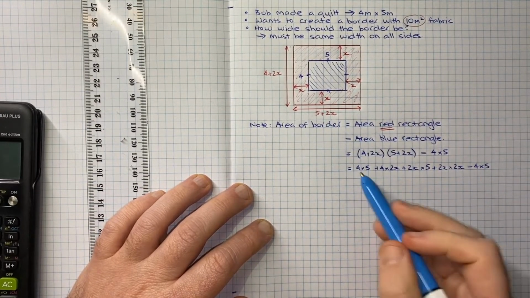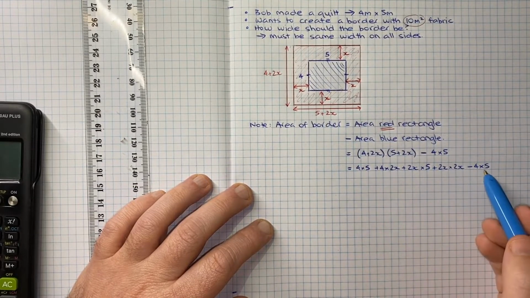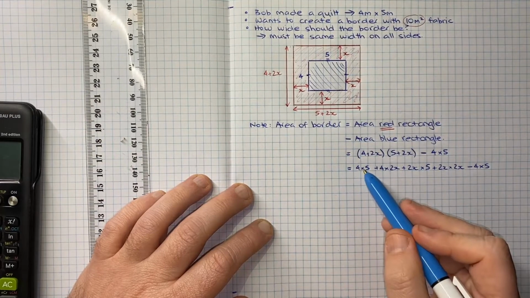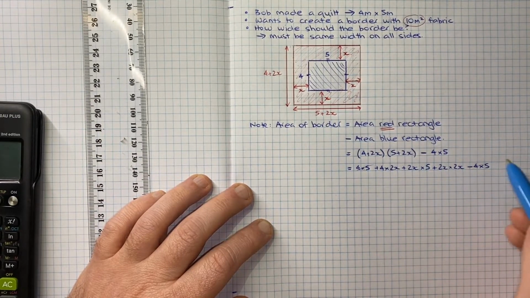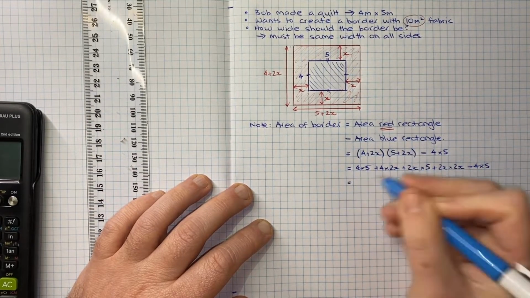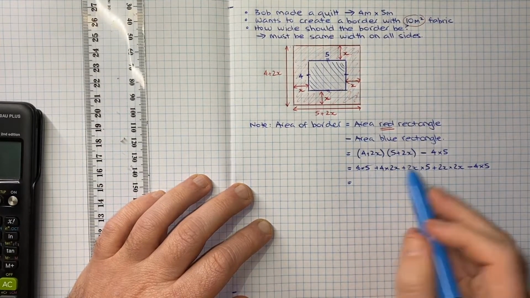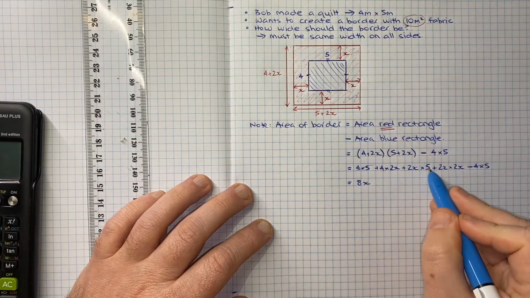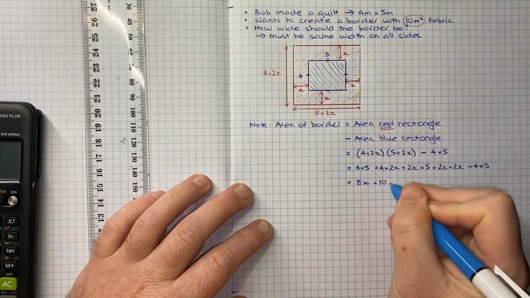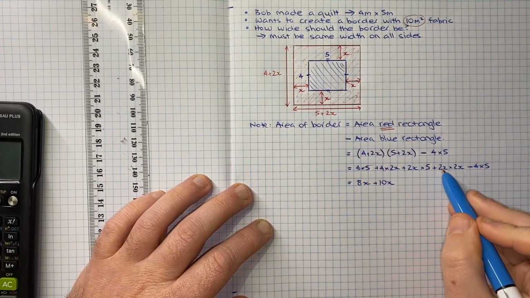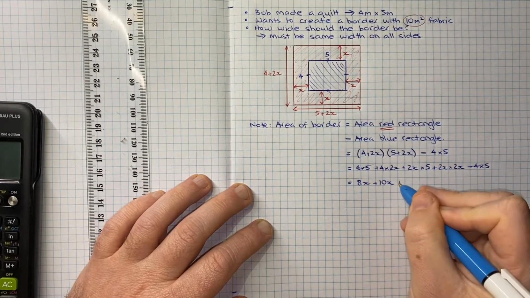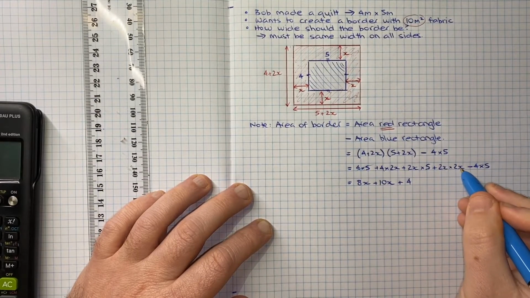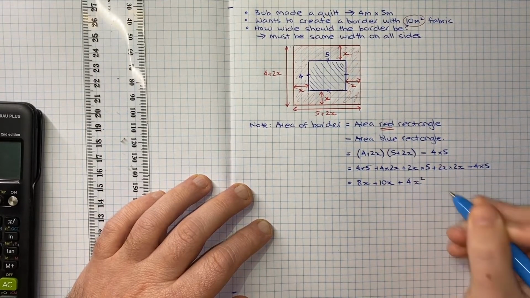And whilst we know 4 times 5 is, hopefully you know, 20, we don't actually even need to do that because we can see that one 4 times 5 will cancel with the other, so they'll disappear. So in terms of simplifying this, we'll get 4 times 2 is 8x, plus 2 times 5 would be plus 10x, plus 2x times 2x would be, the 2 times 2 is 4, and the x times x would be x squared.